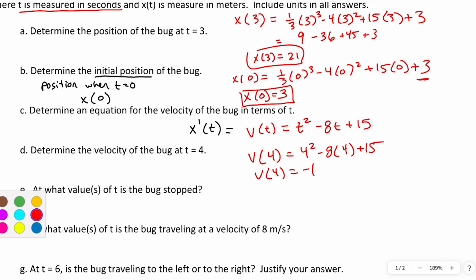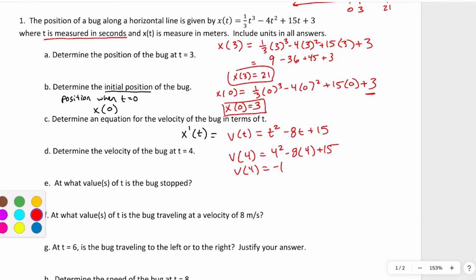If the velocity is positive, the bug is moving to the right, towards the positive values. If the velocity is negative, like negative 5 meters per second versus 5 meters per second, your speed is the same. But if it's positive 5 meters per second, you're going to the right. Negative 5 meters per second, you're going to the left.